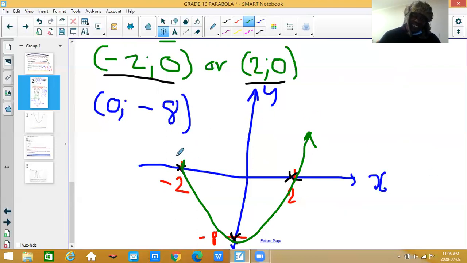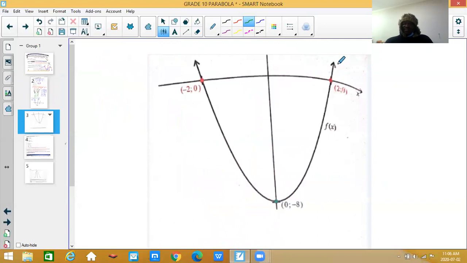So on this side, it will continue up there and then there. This is the sketch of the graph. Simply because we notice that A is positive. Since A is positive, the graph faces upwards. This is the sketched graph that we have. Is that clear?